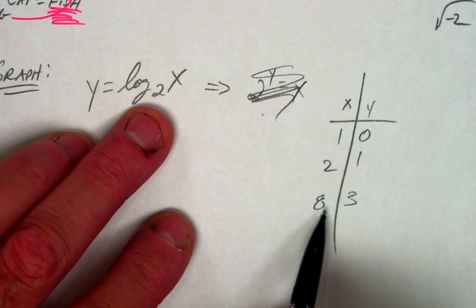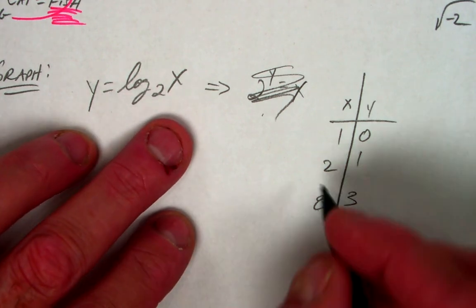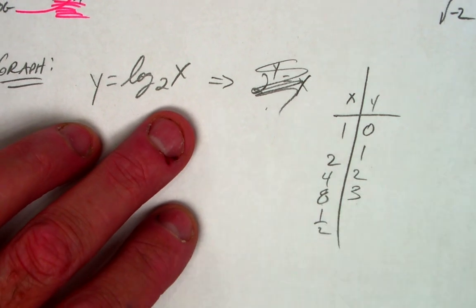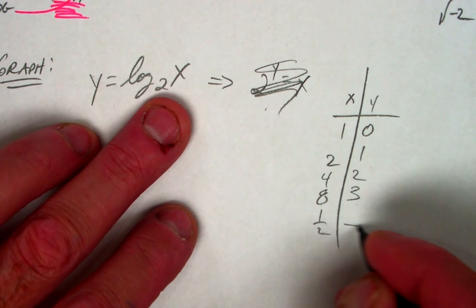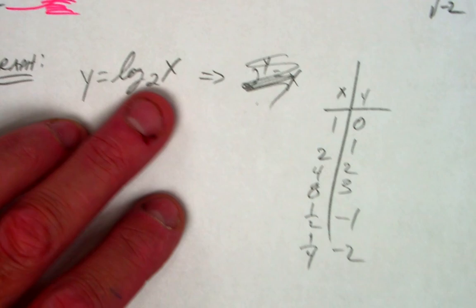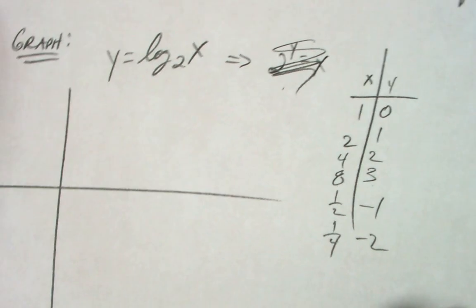To get to an 8, I need an exponent of 3. What about 4? 2. What about 1/2? Negative 1. What about 1/4? Negative 2.